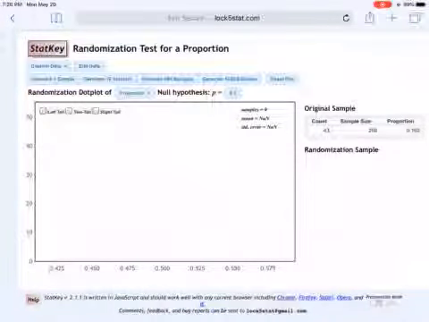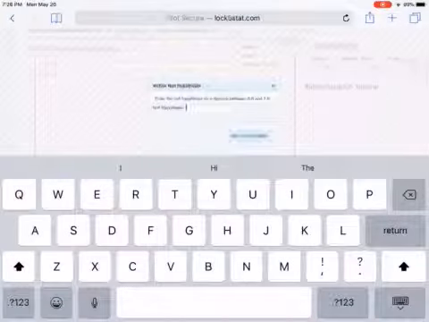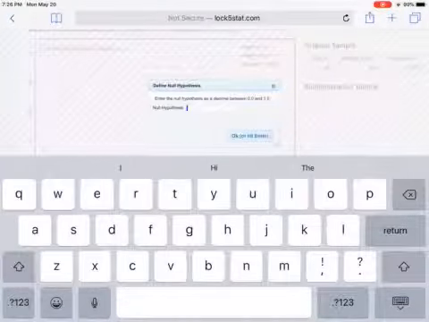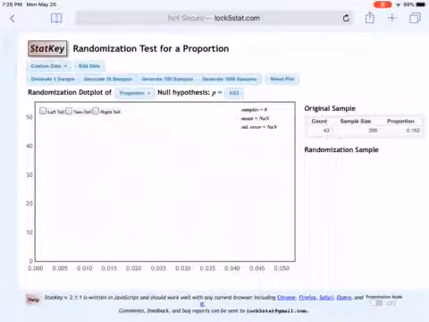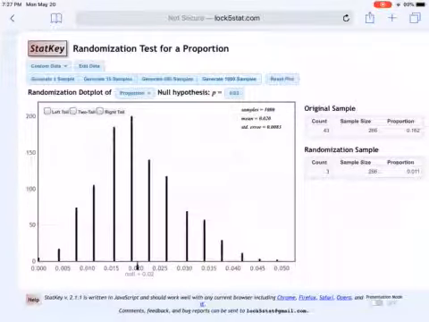We want to set our null hypothesis to be what we're testing for, which is 0.02. That should center our graph at that value. And then we'll generate 1,000 samples. These 1,000 samples are the 1,000 likely p hats if the population value is really 0.02.